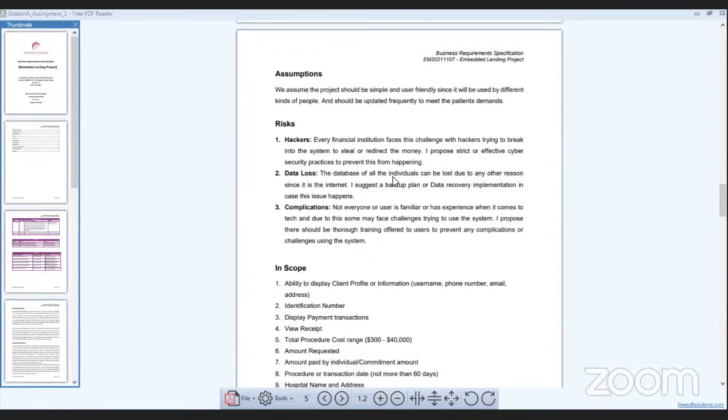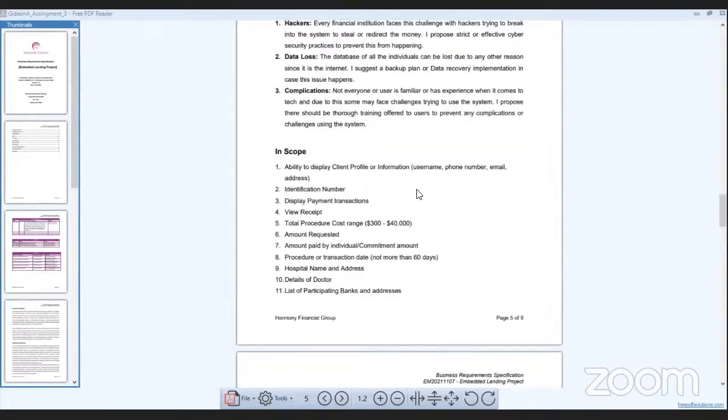And due to this, some may face challenges trying to use the system. So I propose there should be thorough training offered to the users or patients to prevent any challenges using the system, because it's not everybody who can use this system. So I propose after the system has been launched, there should be a training for people to get familiar with the system.